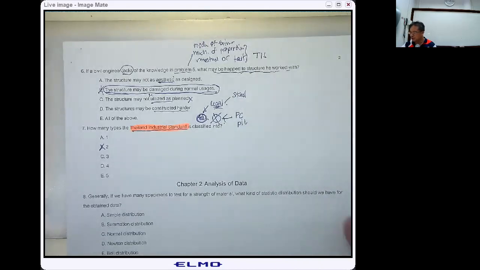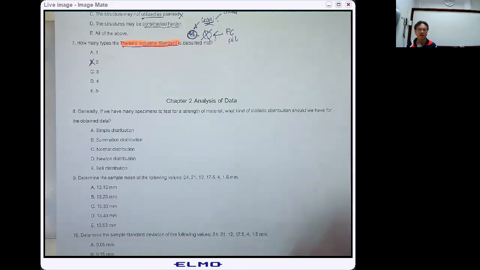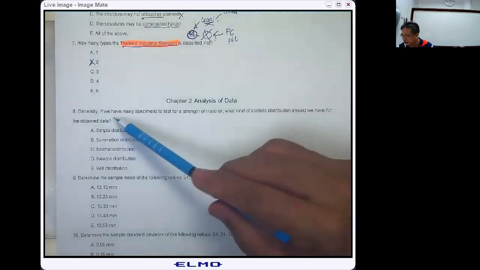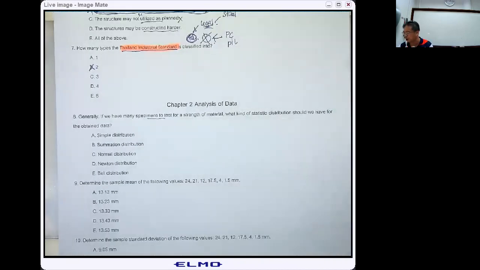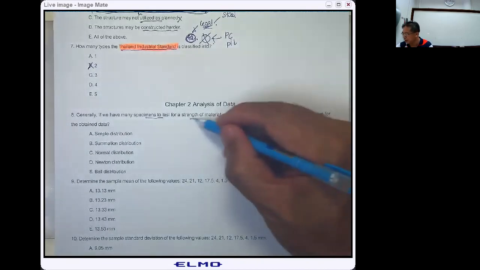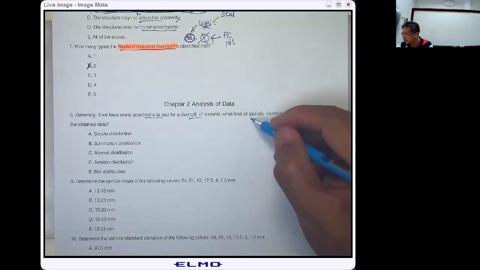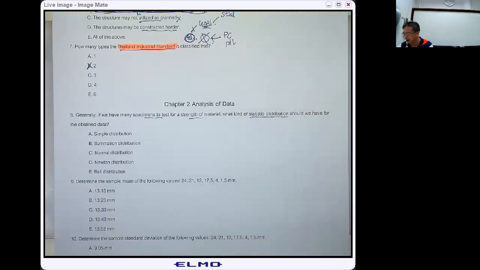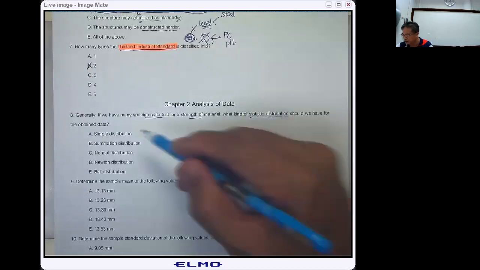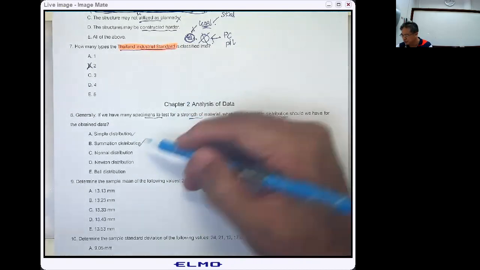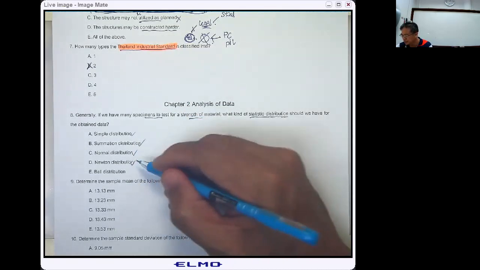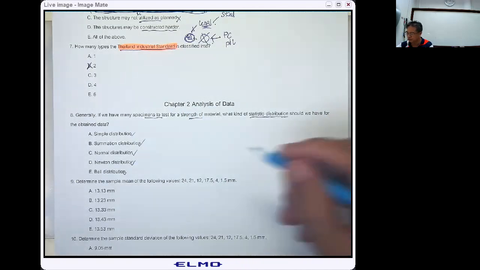Okay. For the second chapter, that is going to be the analysis of data. The first one, if we have many specimens to test for the strength of the material, what kind of statistical distribution are we going to be talking about? Is it the simple distribution, summation distribution, normal distribution, Newton distribution, or bell-shaped distribution?